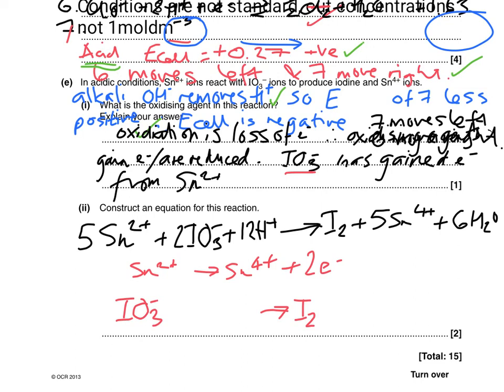step by step. First step is to balance the elements. We've got 2 iodines on this side, so we're going to need 2 iodates to balance that out. Next, we balance out the oxygens. There's 6 oxygens in total. And then, having added the waters to balance out the oxygens, we now need to add hydrogen ions to balance out the new water molecules. That's a total of 12 hydrogen ions. And the last step is to work out how many electrons we need to add to get it to balance.